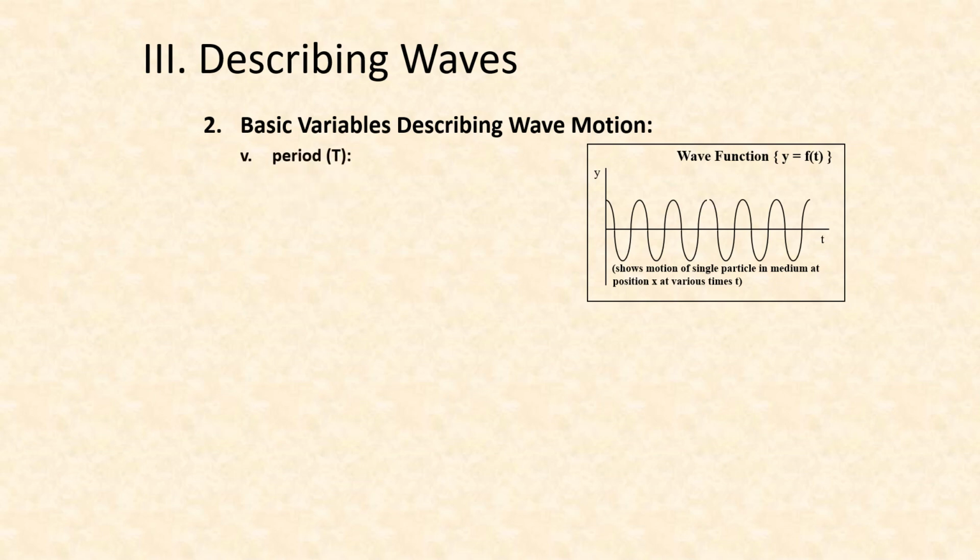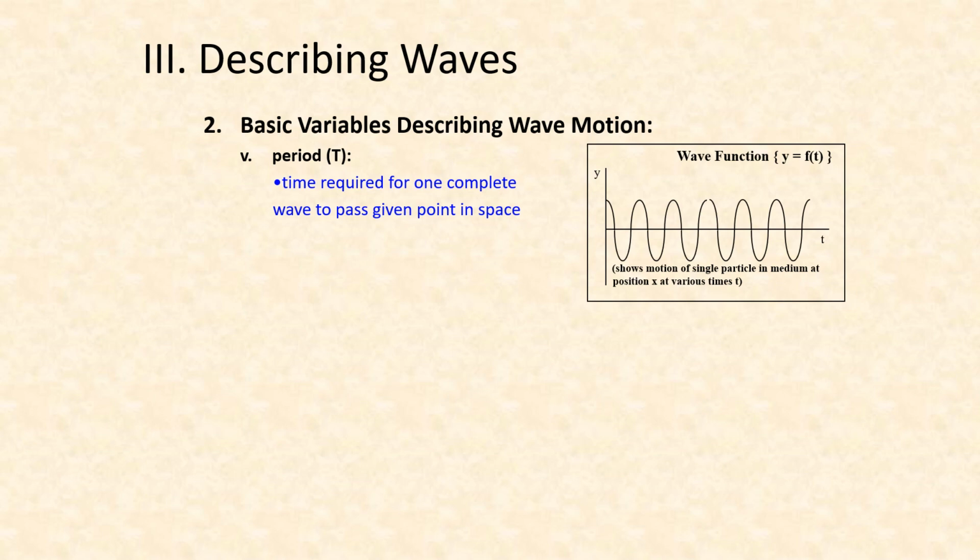So when we talk about the period of a wave, which we'll symbolize with a capital T, we're talking about the amount of time required for one complete wave to pass a given point in space. So imagine you are standing at a given point in space watching a traveling wave go by you, whether it's a water wave or a wave on a string.